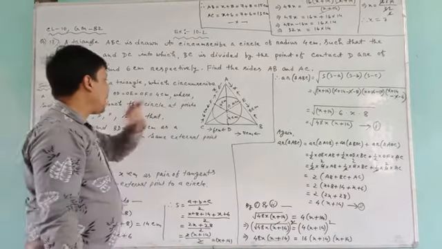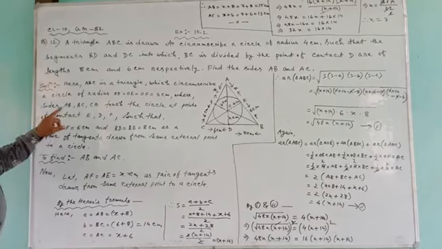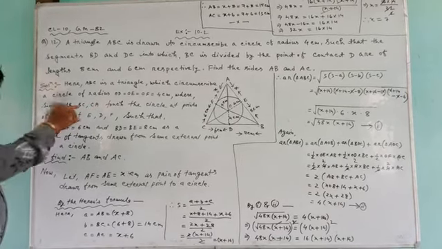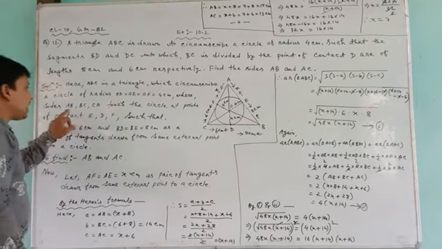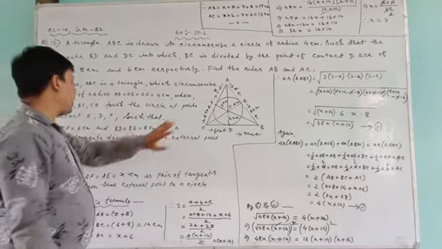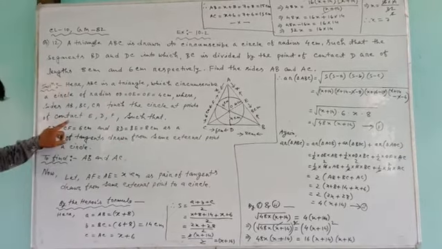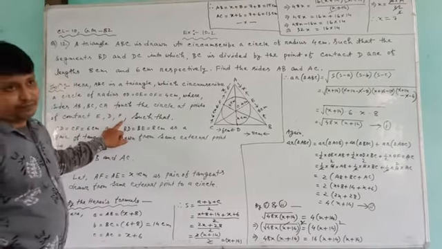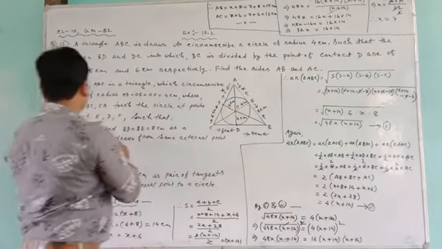Where sides AB, BC, CA, these three are the three sides of the triangle, and these three sides are touching the circle at points of contact E, D and F. Just you see the diagram.